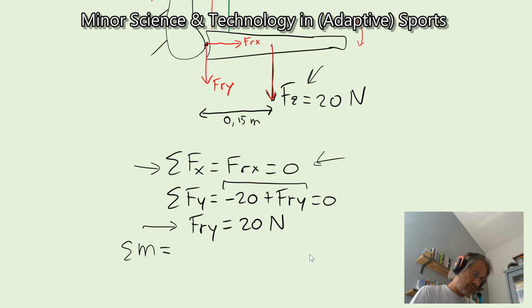And there are 3 torques working here, so we take this as the torque center, and then the force of gravity applies a moment of 20 times 15 centimeters, and that is clockwise, so we put a minus sign over there.